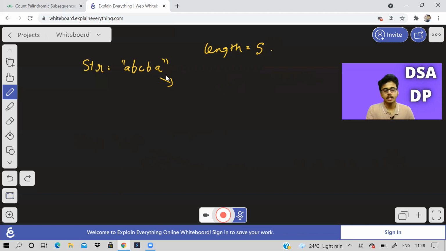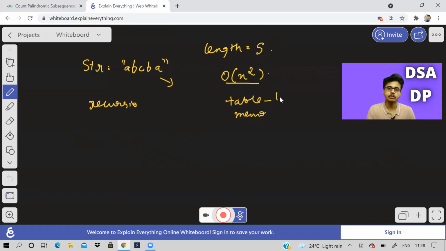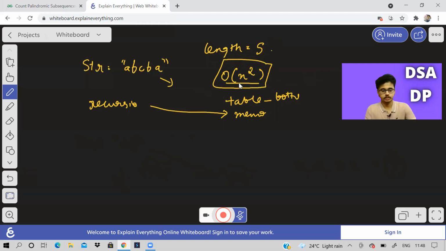So, okay, we can't do brute force. Now, usually in dynamic programming, we reduce it to O of n square. We make some table, we do some memoization, correct? Or recursion, we use, sorry, table we do with bottom up approach, and recursion we try to optimize with memoization, something like that. But basically, we try to reduce it to O of n square, right?